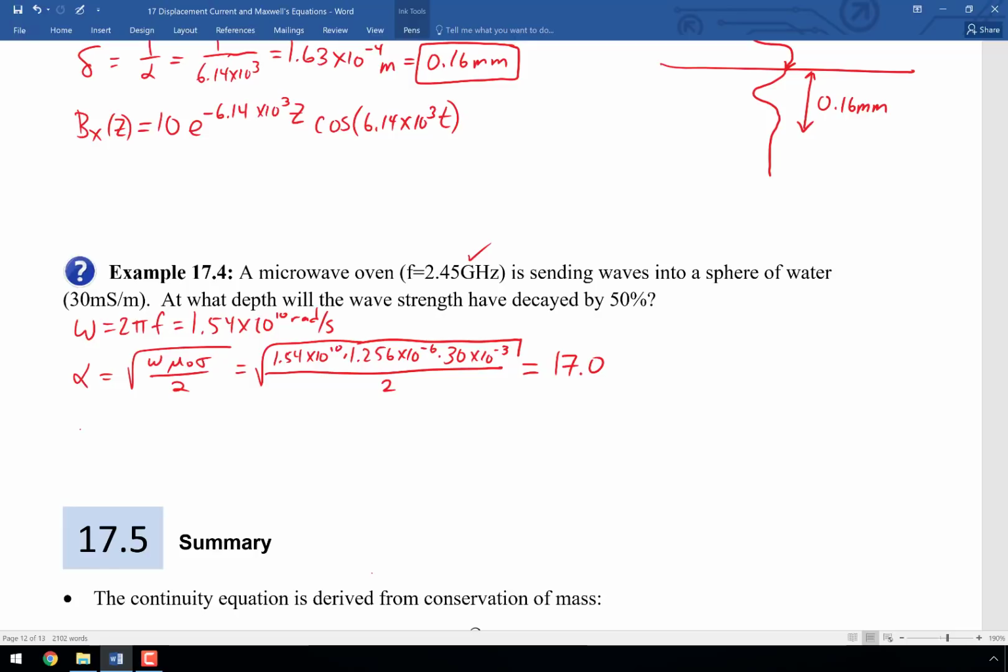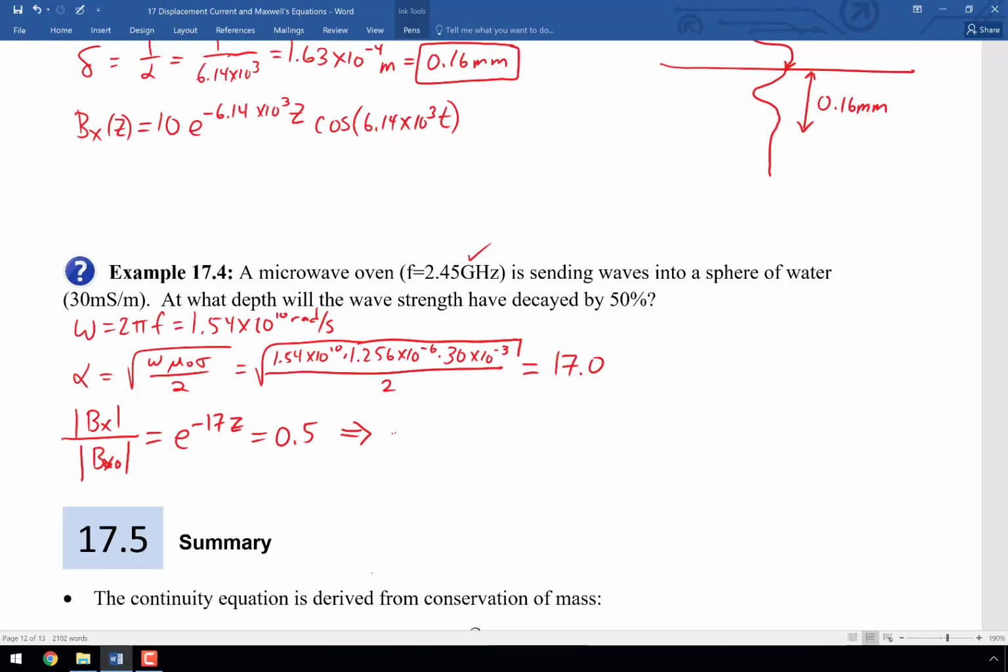And if we want to know at what depth the wave strength will have decayed by 50%, I'm going to look at the magnitude of B sub x. So I'm omitting the sinusoidal part and just looking at the exponential decay part. B sub x divided by its initial value is equal to e to the minus 17z. And if that's equal to 0.5, then I can take the natural log of both sides.